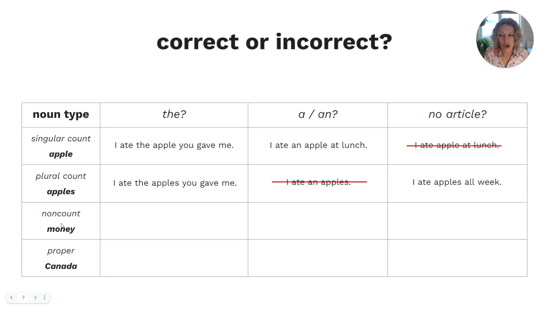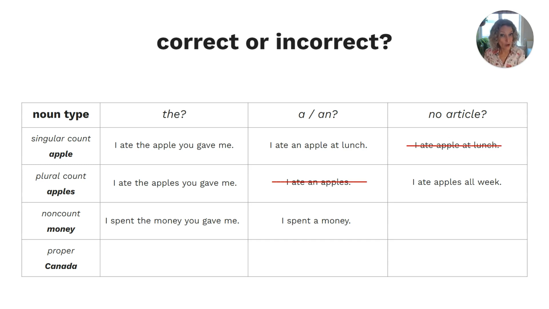So how about a non-count noun like money? I spent the money you gave me. Is that okay? Yes, it's okay. We're talking about specific money, a specific non-count noun, no problem. How about I spent a money? Is that okay? No, it's not. Because remember, a means one, and money is a non-count noun.